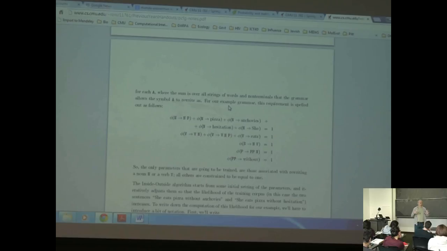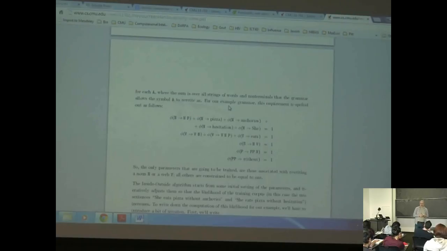So as I go over the problems in context free grammars, how to use them and how to train them, I'm going to try to point out what is the equivalent thing in HMMs. There's alphas, just like there's alphas here, and there's EM, just like there's EM there, and there's the equivalent of transition and emission probabilities as well. If at some point you wonder what the analogy is, stop me, and I'll tell you what the analogous part in HMM is.